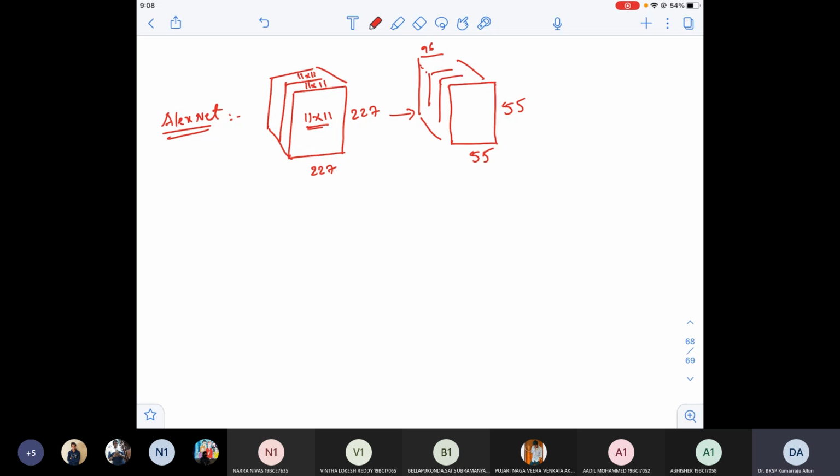So this is AlexNet. See why I'm again discussing AlexNet, because already it was done. No, actually, the authors who introduced ZFNet took its base from AlexNet. So I just want to tell at least one layer difference with respect to AlexNet, so that you'll feel comfortable when I'm drawing the complete architecture.